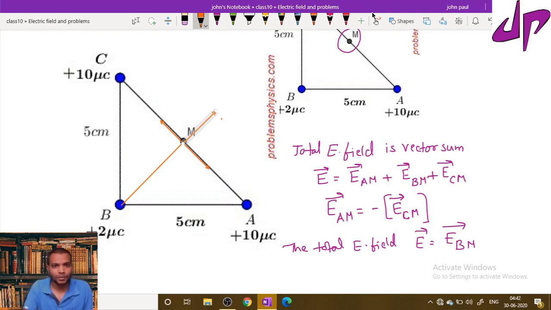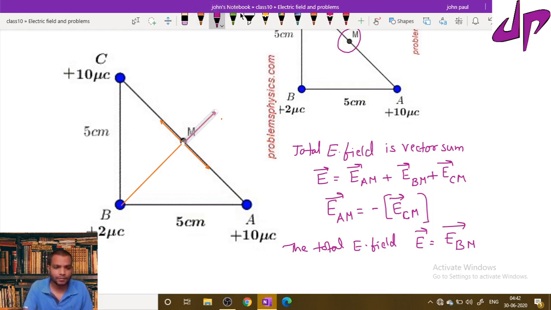So that is the electric field direction. If we figure out the distance between B and M, we can calculate the magnitude of the electric field.